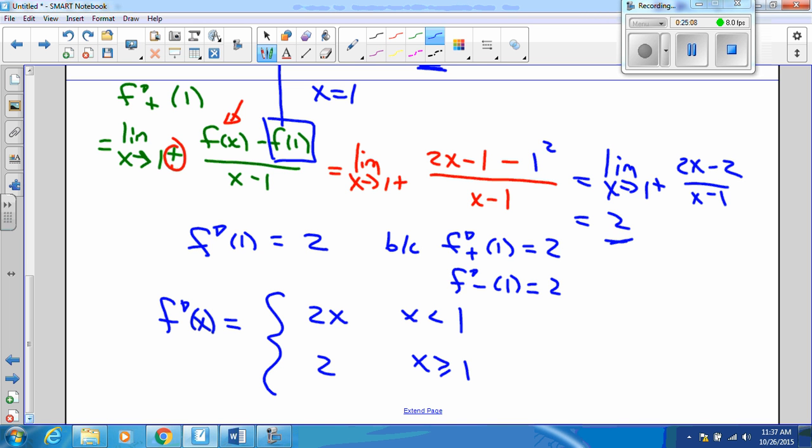Does that make sense? So is it okay if you just plug in 1 for the x in that... I don't know what to call that. If you plug in x equal to 1, so 2x will be equal to 2, right? That's an interesting question.